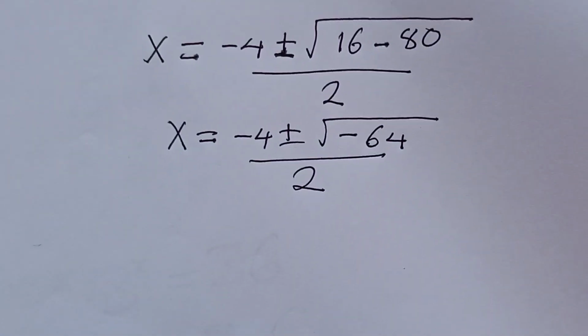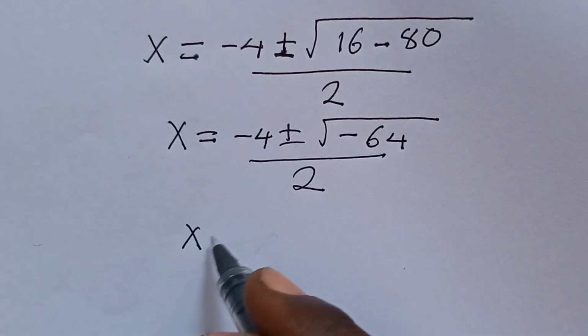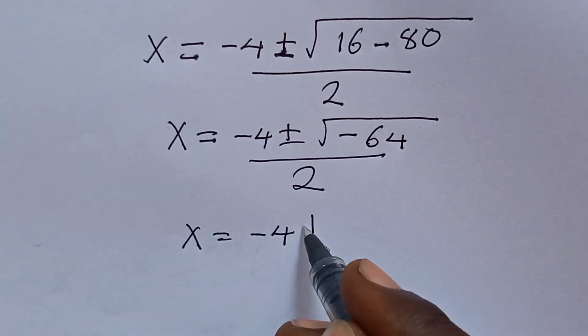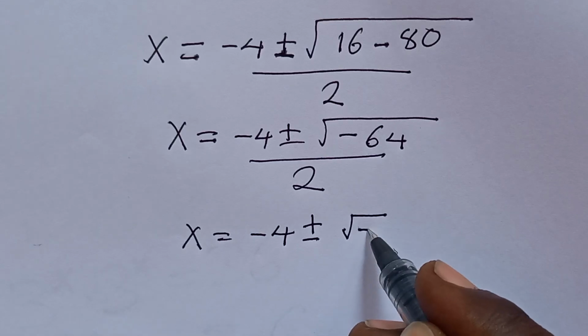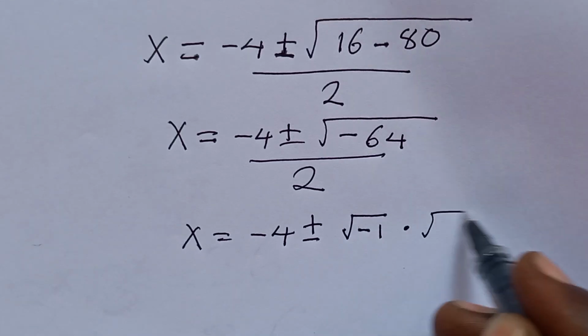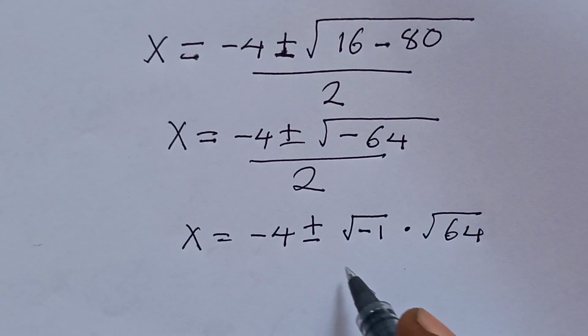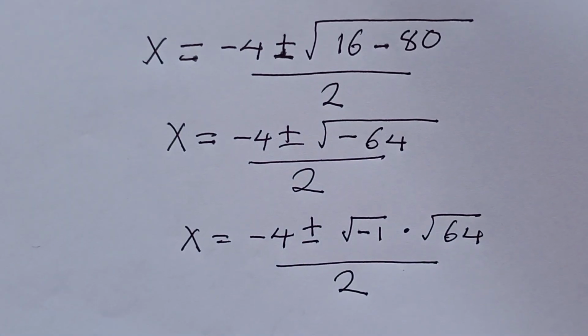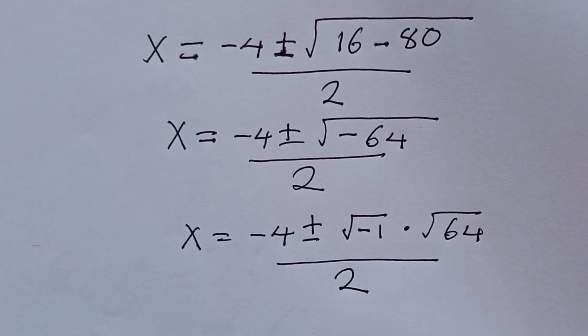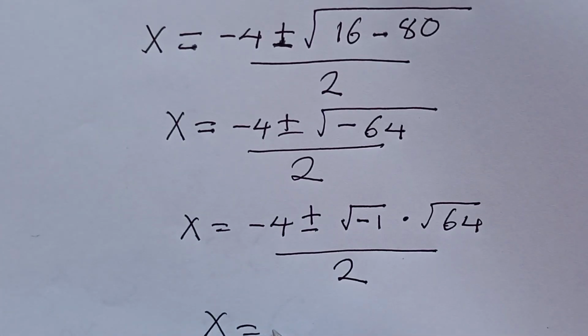And if this is what we have, x is equal to minus 4 plus or negative, this can be written as root of minus 1 times the root of 64, all divided by 2. So now we can see that x equals minus 4 plus or negative.